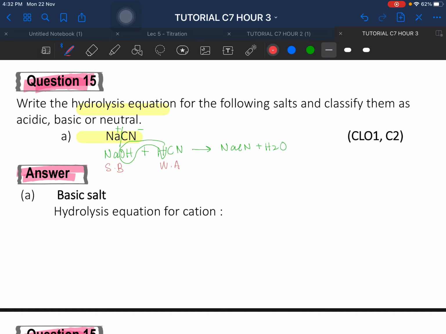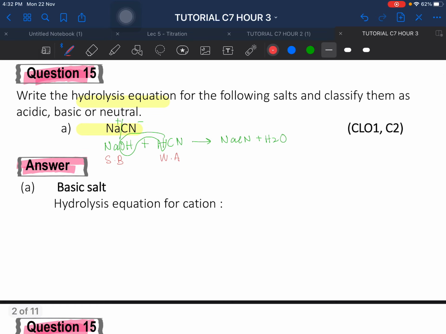So if strong base, the conjugate that is produced is the weak conjugate. Okay, now this one is strong base, so it will be weak conjugate acid. And if CN minus comes from the weak acid, it will produce strong conjugate base.